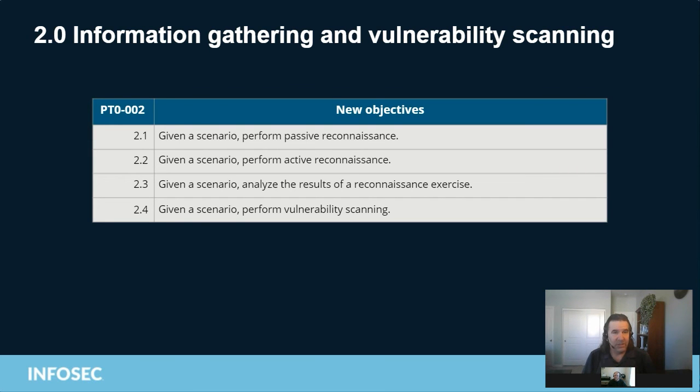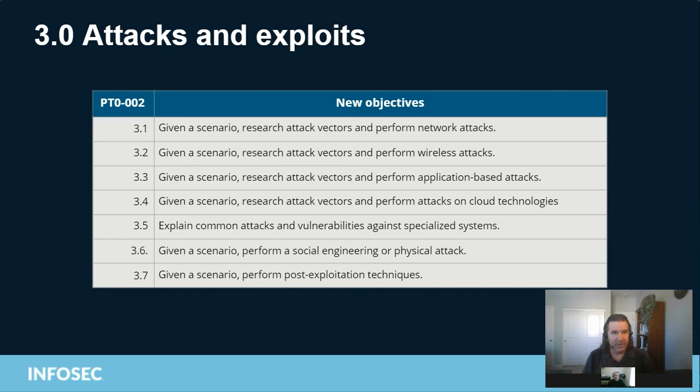Attacks and exploits: once you have found the vulnerabilities, what are you going to attack them with? This includes all the different attack surfaces. So you're going to be researching attack vectors and performing network attacks, wireless attacks, application-based attacks, cloud attacks, consequently hybrid attacks, as well as specialized system attacks, which is our IoT and embedded devices.